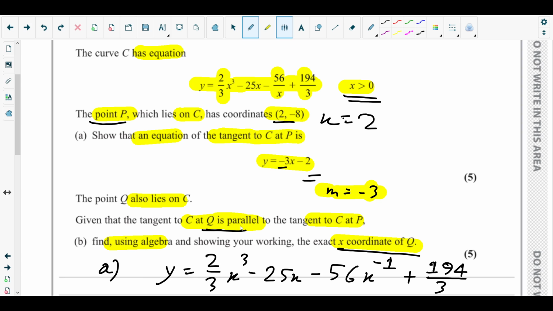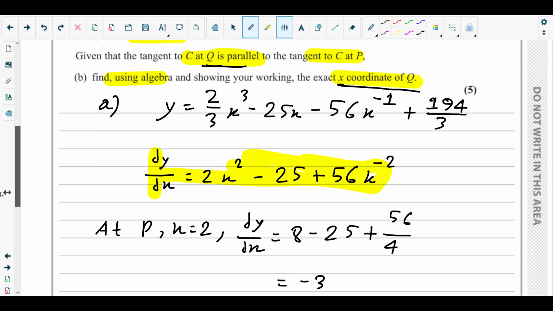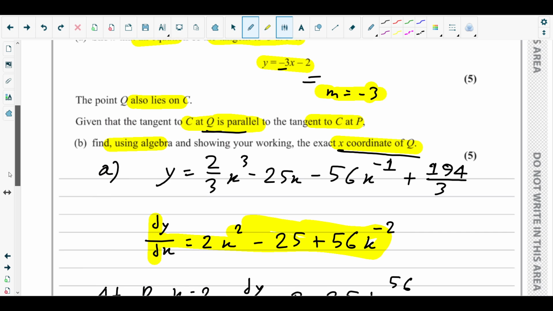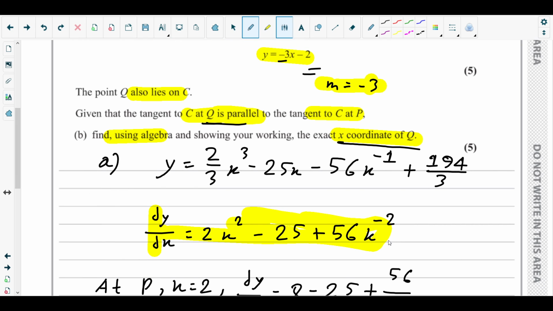Because if you are finding the equation of the tangent to the curve C at Q, then your working would be large, and it would not be possible to equate because the equation for the derivative is not that simple.